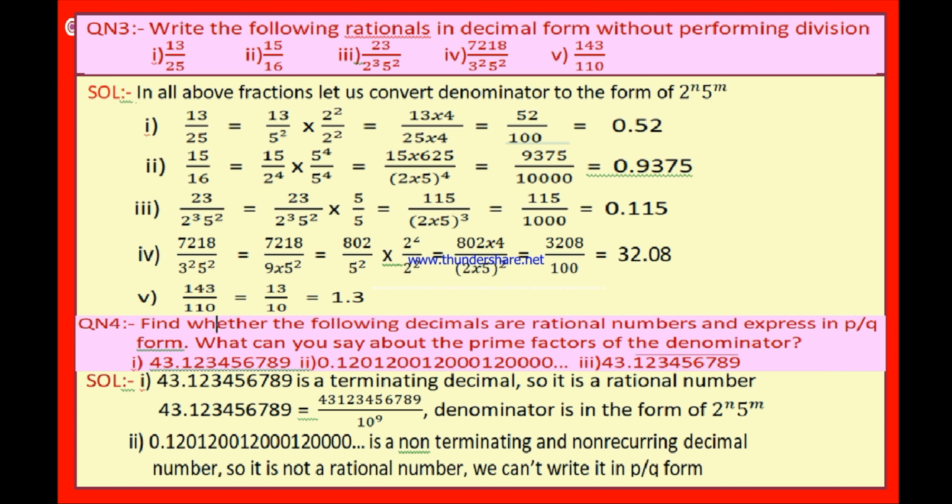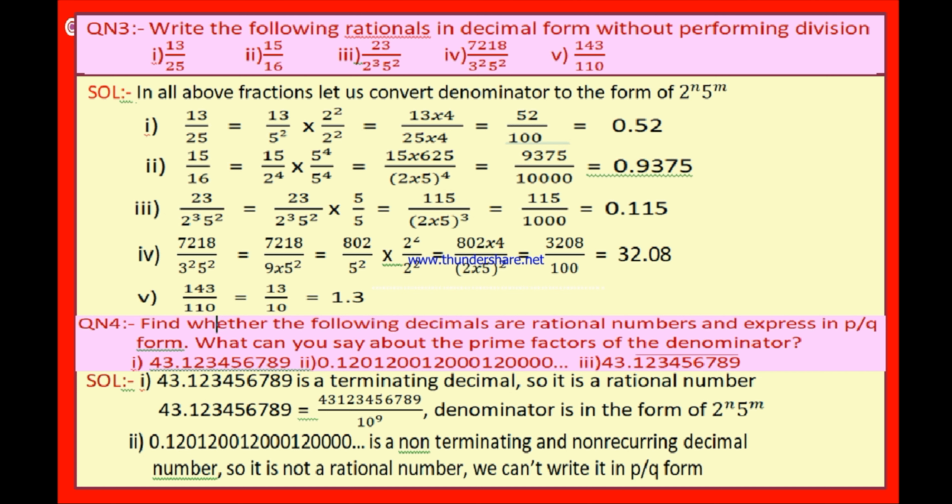If you verify, nothing is recurring. 120 is not recurring. If you get 120, again you are getting another 0. Therefore, no part is recurring. It is a non-terminating and non-recurring decimal. So, it is not a rational number.